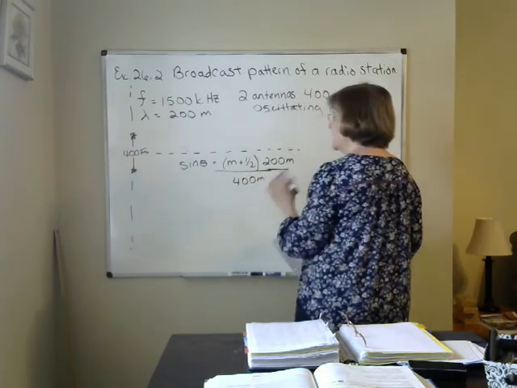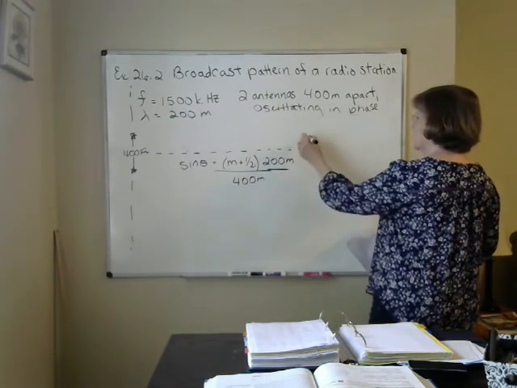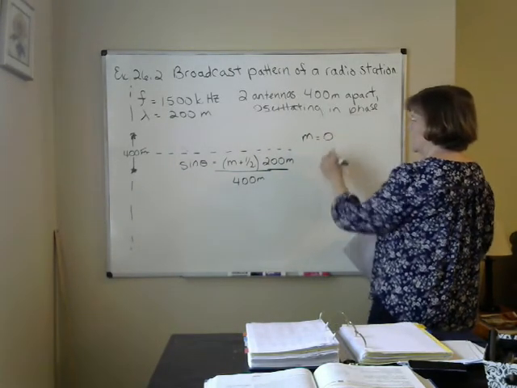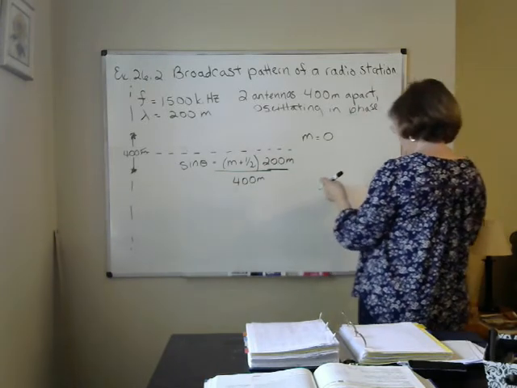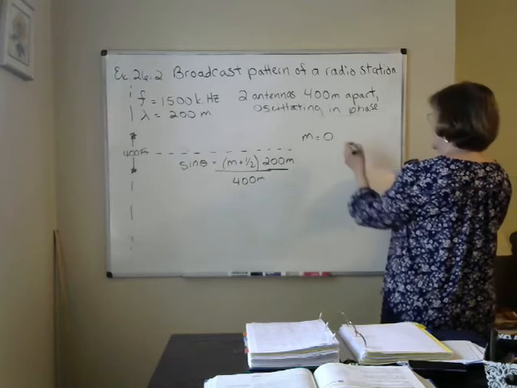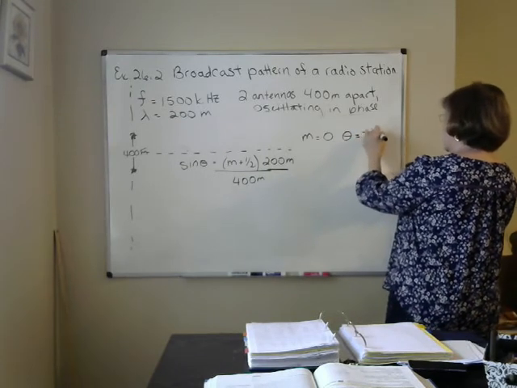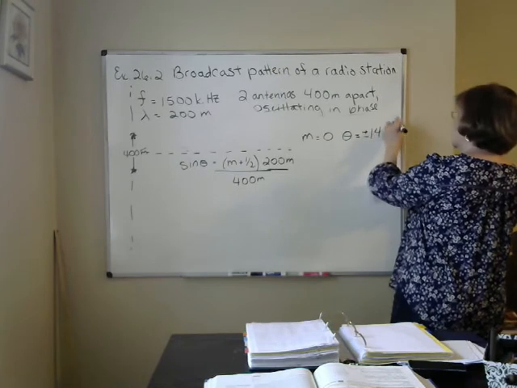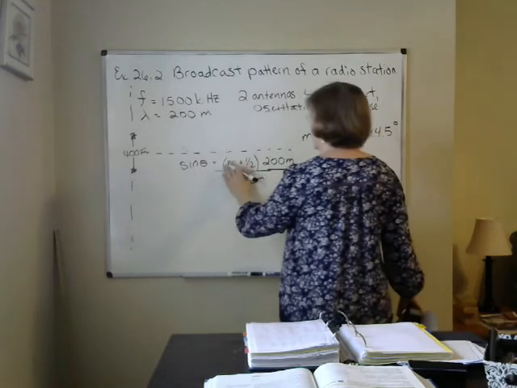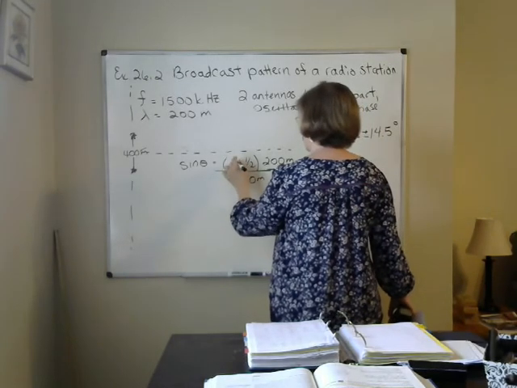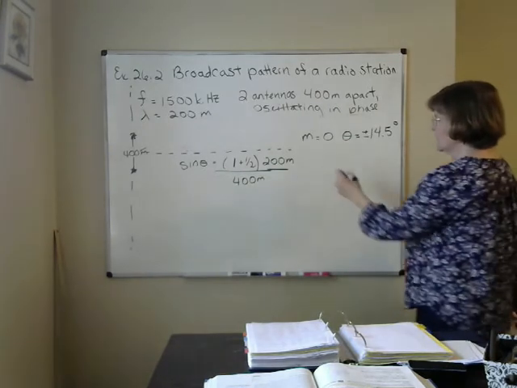If I plug in m equals 0, that's where we begin. That's going to be our first minimum. It's a half times a half, so that's sine inverse of 1/4. That comes out to be plus or minus 14.5 degrees. If I plug in m equal 1, that's going to be sine theta equals 3/4.